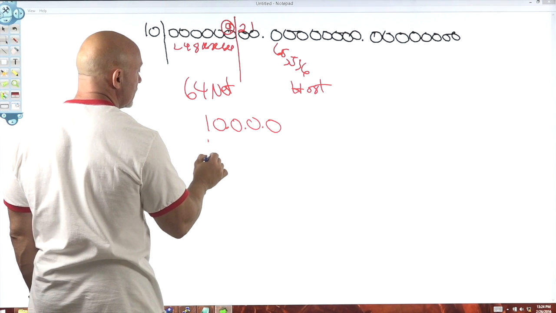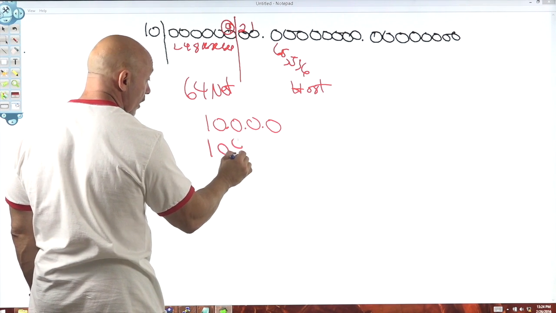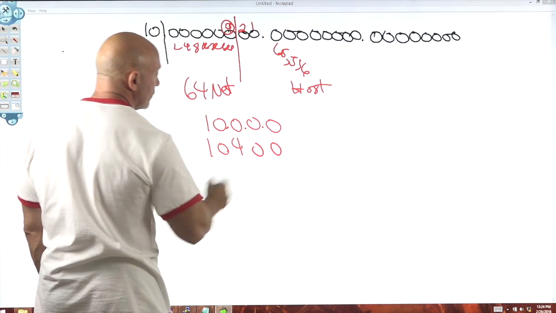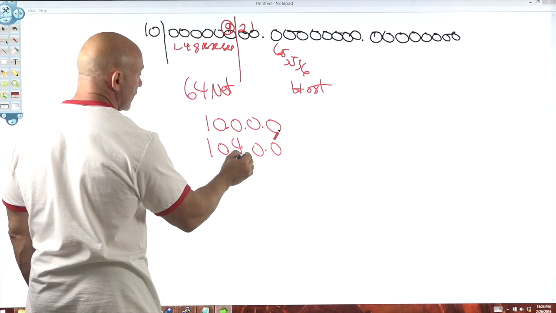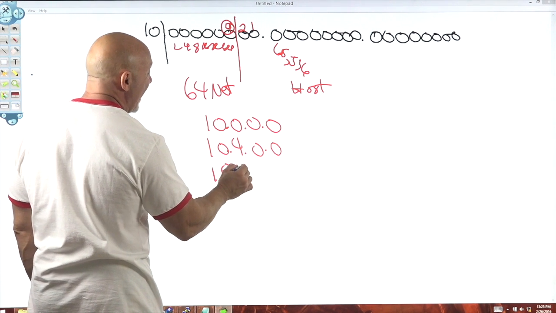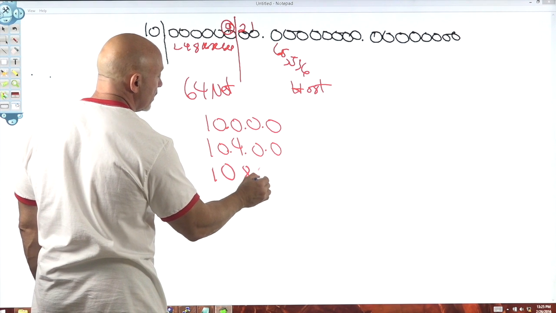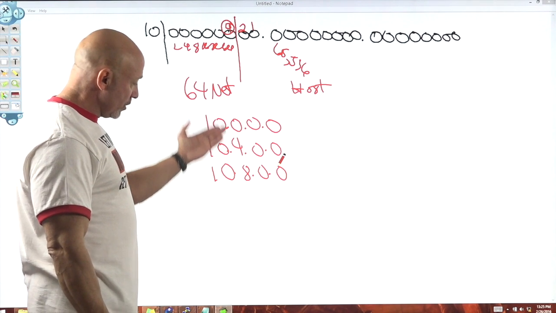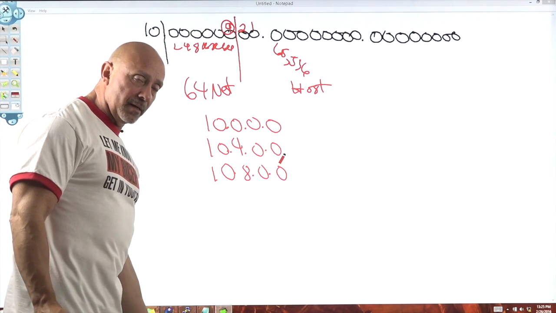Then the next network is 10, 4, second octet, 0, 0. Then second octet, let me put my periods here. 10, 8, 0, 0. Okay? That's it. You keep incrementing all the way down, all the way down, all the way down.